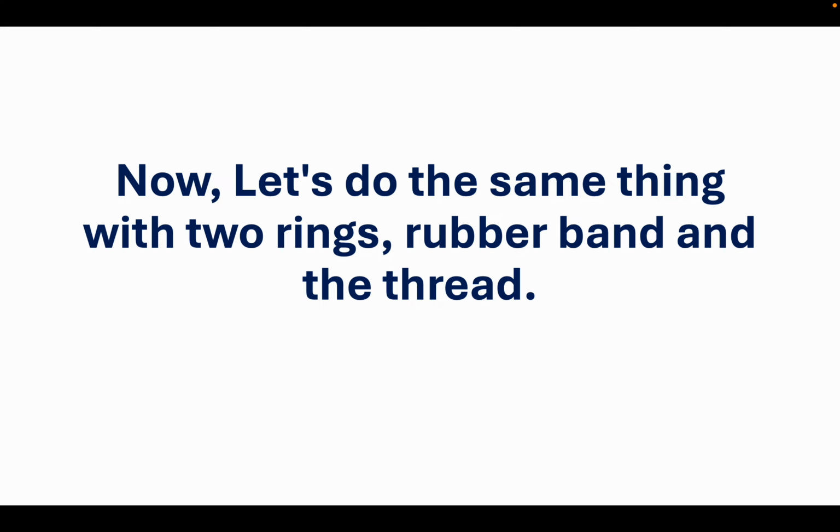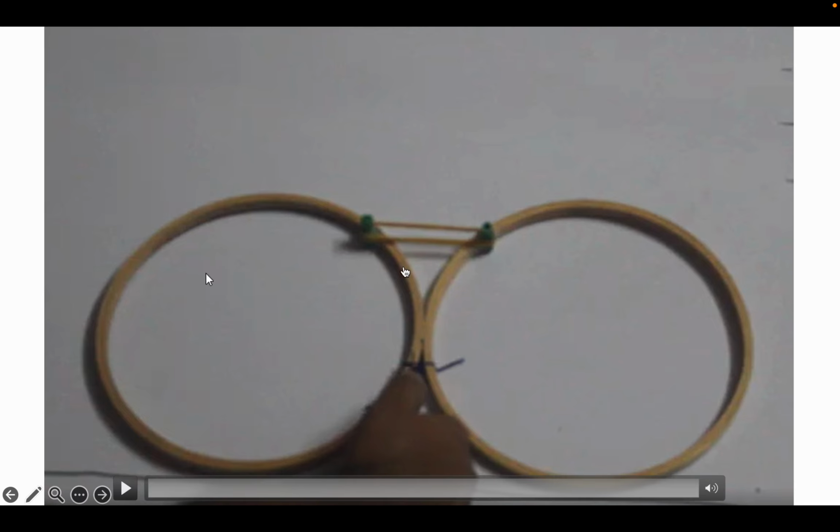Now let's do the same thing with two rings, a rubber band and a thread. Let's see that. Here there are two rings, and this is the point where the two rings touch each other, and the rubber band is in the stretched position, and this stretch is balanced by the thread over here.